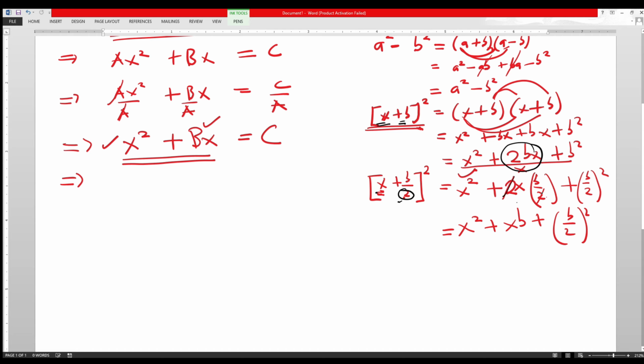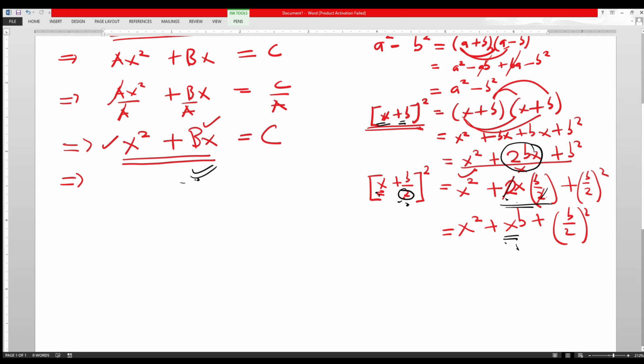So this 2 and this 2 will cancel out. And then we get bx or xb, which is the same as what we have on the left hand side. So intuitively, that is why we are using a denominator of 2. Because we know that the middle term is 2 times the first term multiplied by what? The second term. So it will cancel out and then we get xb, which mirrors what we have on the left hand side.